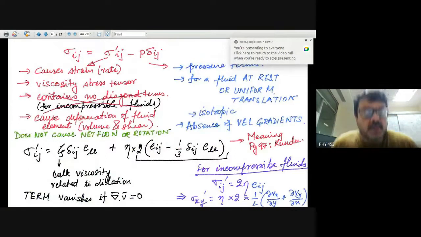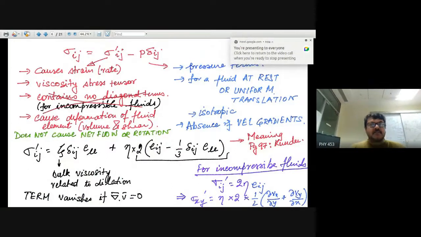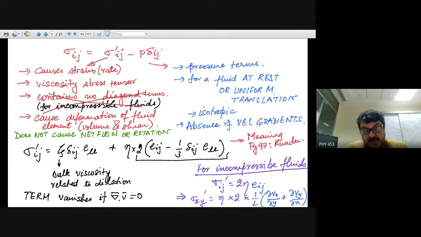So, in the second part of the lecture of week 4, we will be discussing the shear stress tensor, and that can be broken down, just to remind you, into two parts: the sigma dash ij, which is related to strain rates.